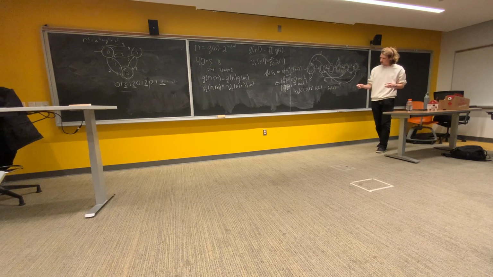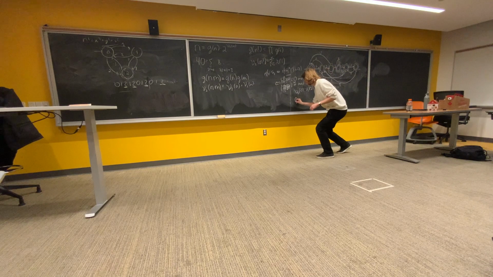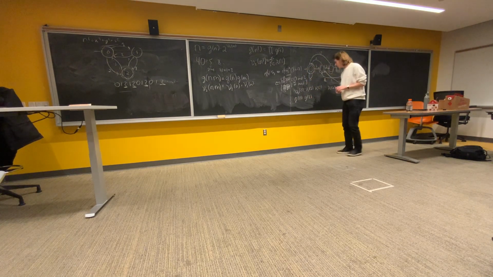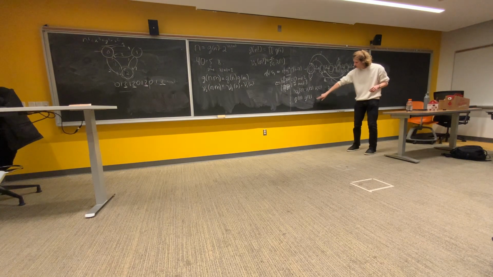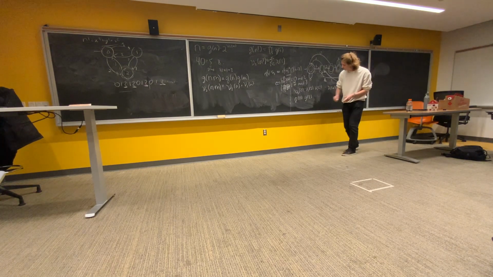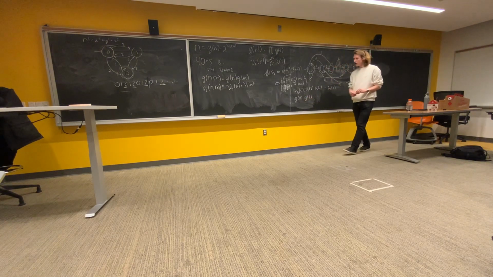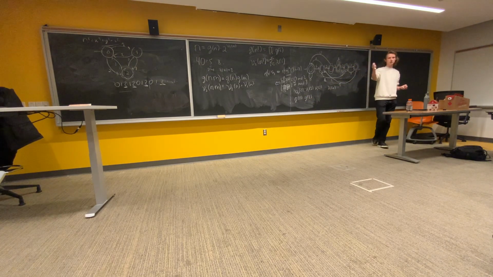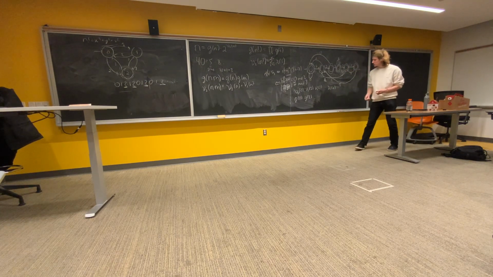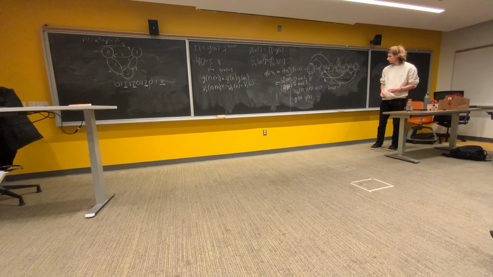Except for the sequence g of 0, g of 1, and so forth, we want the outputs to be mod 8. So g of 0 mod 8, g of 1 mod 8. The outputs are going to be 0 through 7. The automaton for this is quite messy, so I'm not going to draw that.